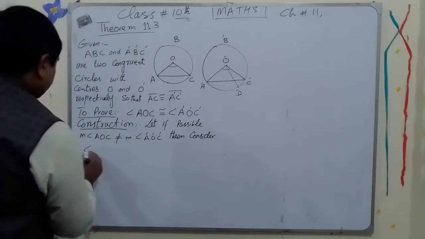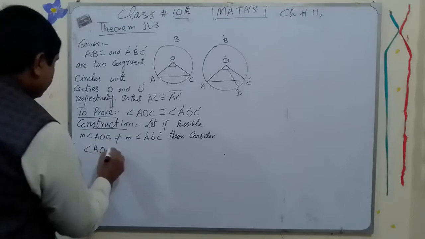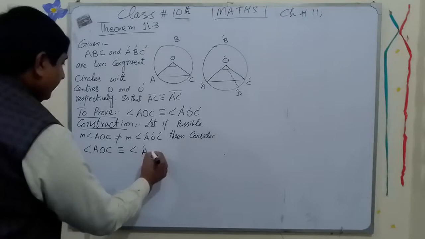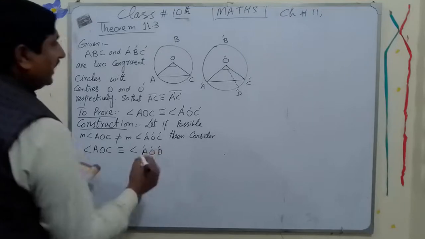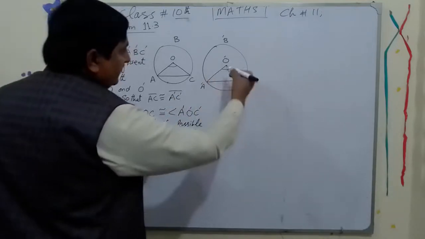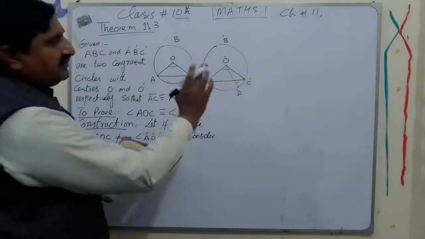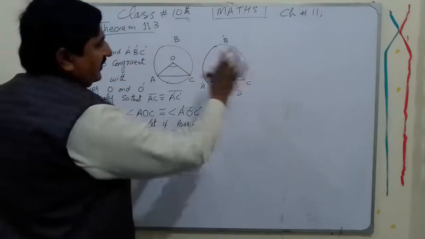Then consider angle AOC congruent to angle A prime O prime D prime. This is the point which is smaller than C.